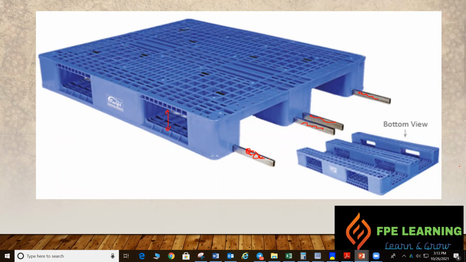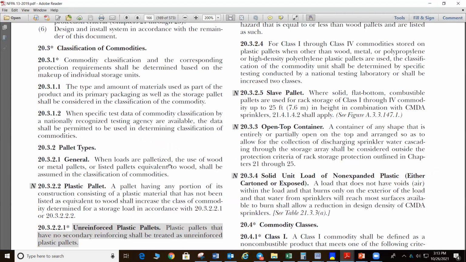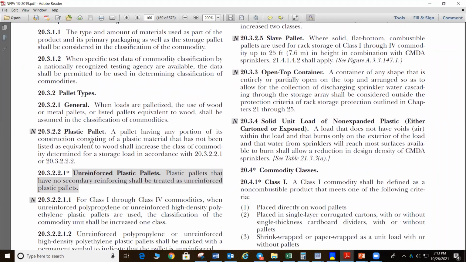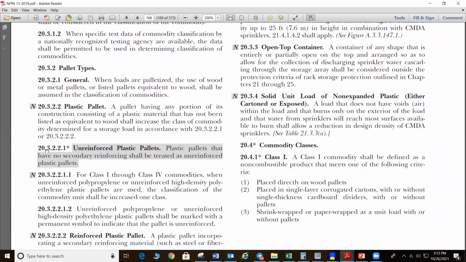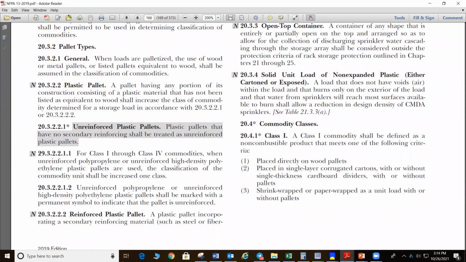Now let's go to NFPA 13 and look at how to come to our solution. Moving back to NFPA 13, under plastic pallets, 23.2.2.1 says that plastic pallets that have no secondary reinforcing shall be treated as unreinforced plastic pallets. The next point, 20.3.2.1.1, talks about class 1 to 4 commodities on unreinforced polypropylene or unreinforced high density polyethylene plastic pallets: the classification of the commodity unit shall be increased by one.